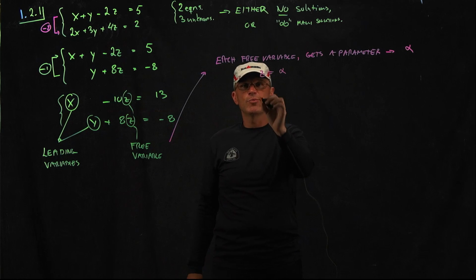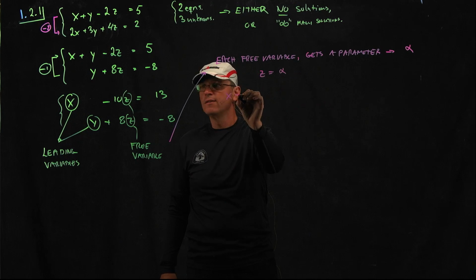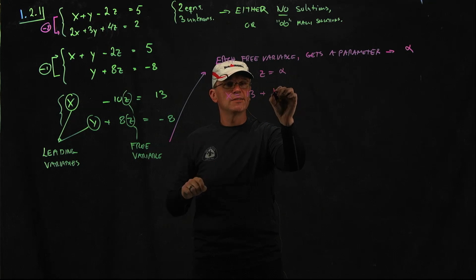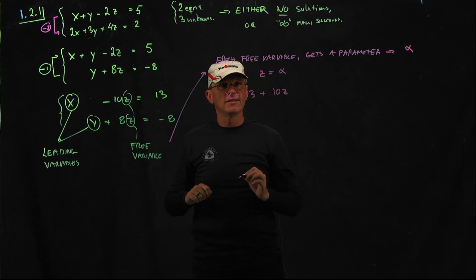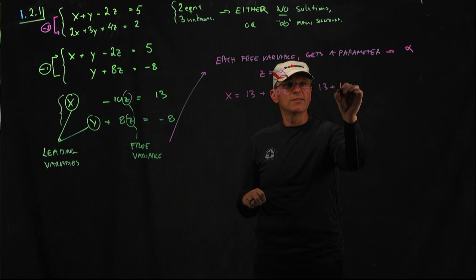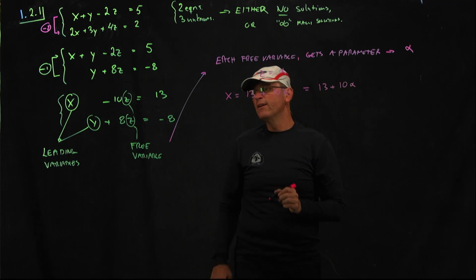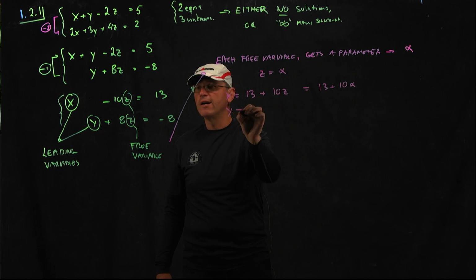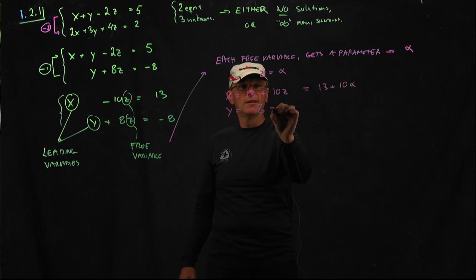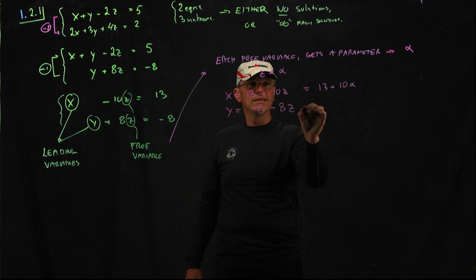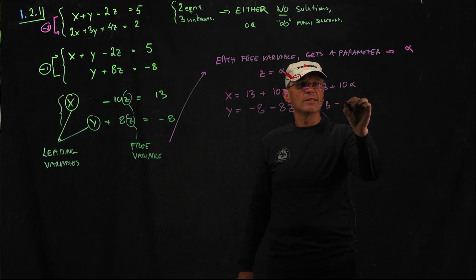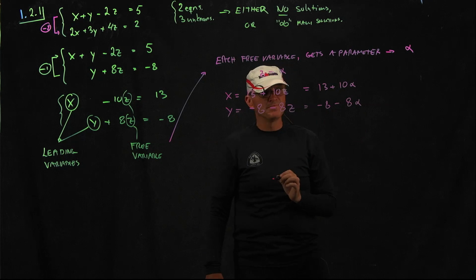And we can express X, right, as 13 plus 10Z, which of course is then 13 plus 10 alpha. And Y is negative 8 minus 8Z, or with the parameter negative 8 minus 8 alpha.